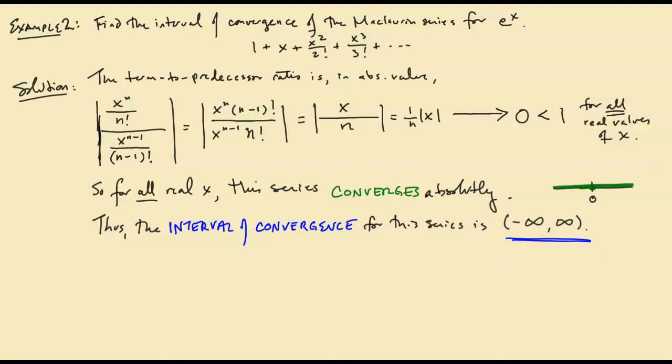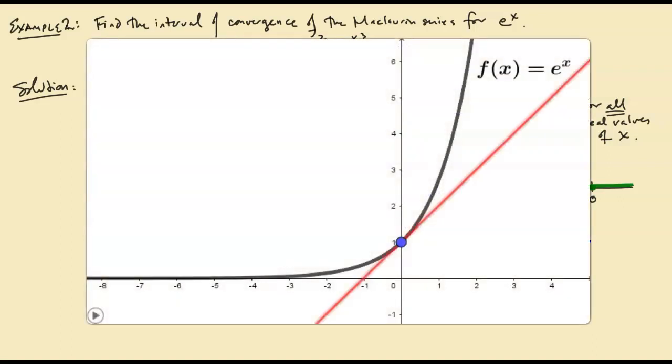Now this is very interesting because this takes us back to the very beginning of the chapter when we looked at the Taylor polynomials for e to the x centered at 0 and compared them to Taylor polynomials for other functions like 1 over 1 minus x. And what was notable about the Taylor polynomials for e to the x was that as we kept increasing the degree, the interval over which the approximation was good seemed to cover more and more of the real line.